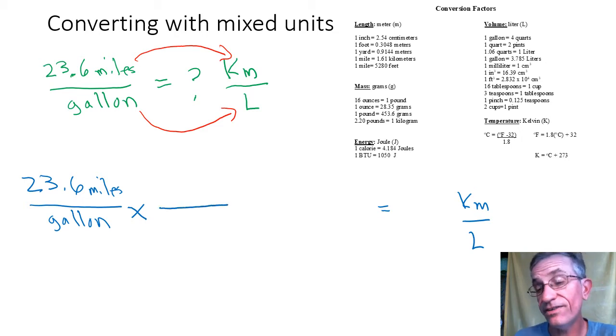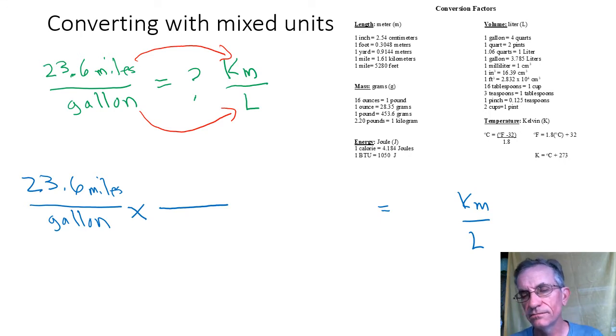All right, so let's find our conversion factors. For right now, don't even think about the bottom part, the gallons to liters, just put it out of your mind. Let's just worry about miles and kilometers. Is there a conversion factor to help me go from miles to kilometers?